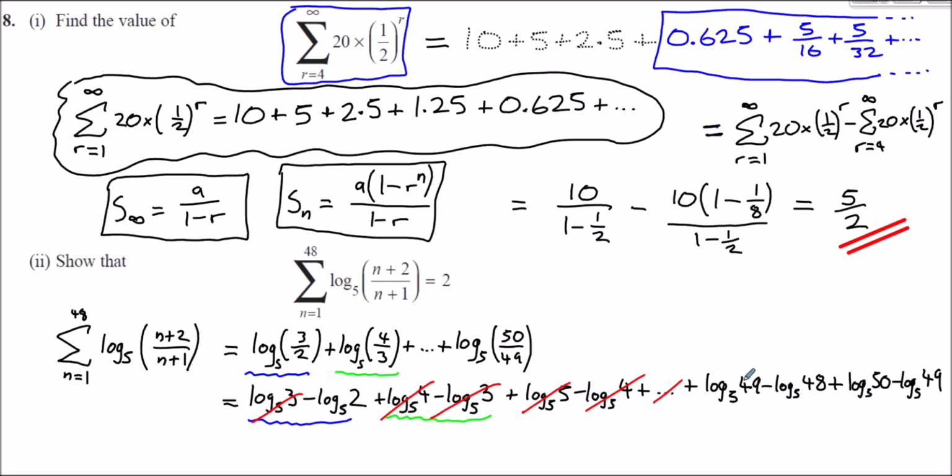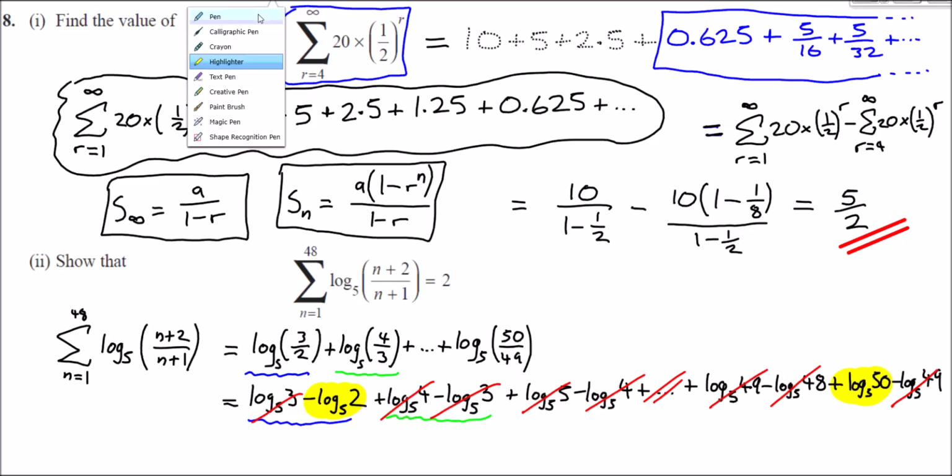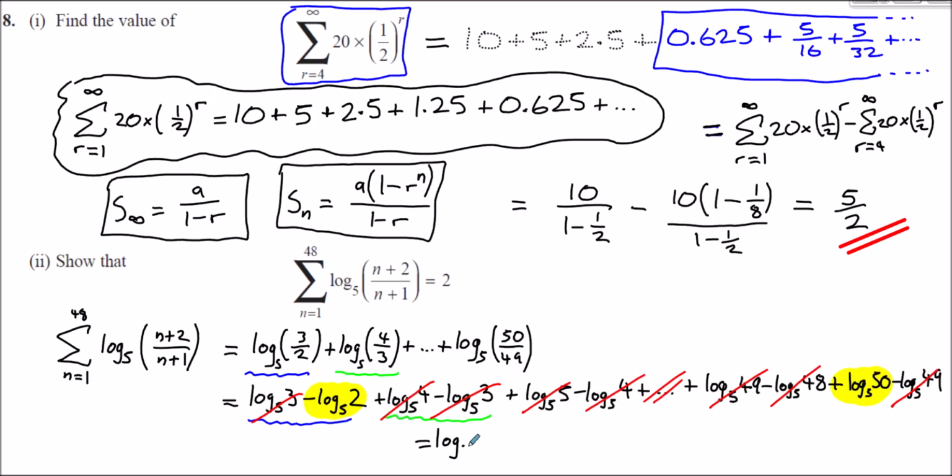Log base 5 of 49 cancels this end one, and log base 5 of 48 would have cancelled with something before here. So actually, all we're going to be left with at the end of all of that is just what hasn't cancelled, which is the log base 5 of 50 and this negative log base 5 of 2. So we just end up with log base 5 of 50 minus log base 5 of 2.